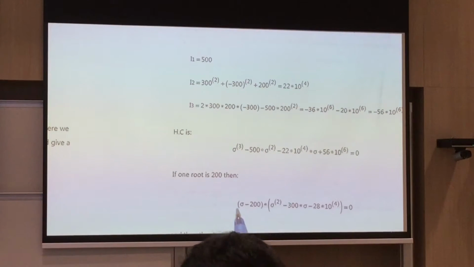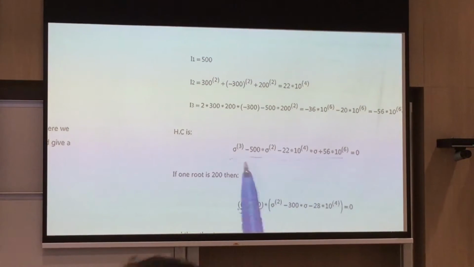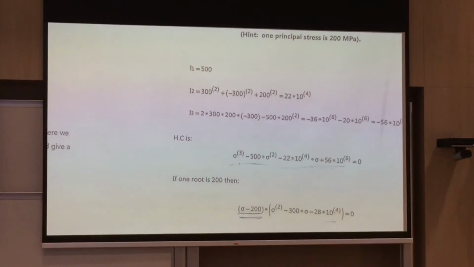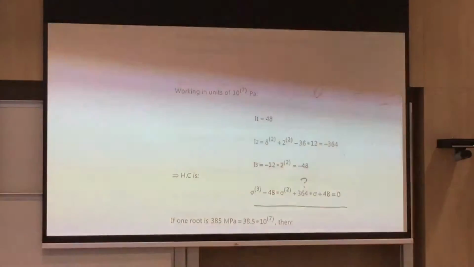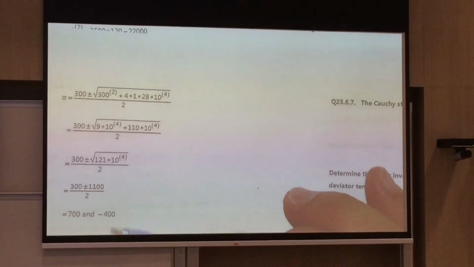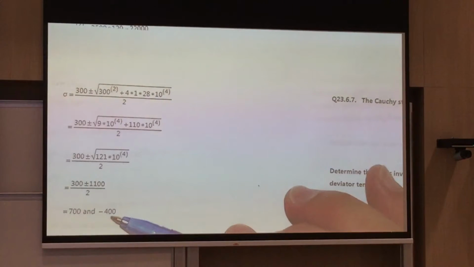One is, of course, if you have this equation, then you simply divide this one with this one here to get your quadratic equation. I think there are simpler ways of doing that, and I've seen some of your seniors doing that. So it's not something that I have to tell students to do. Okay, so here we have now the other stresses to be 700 and negative 400 megapascal.